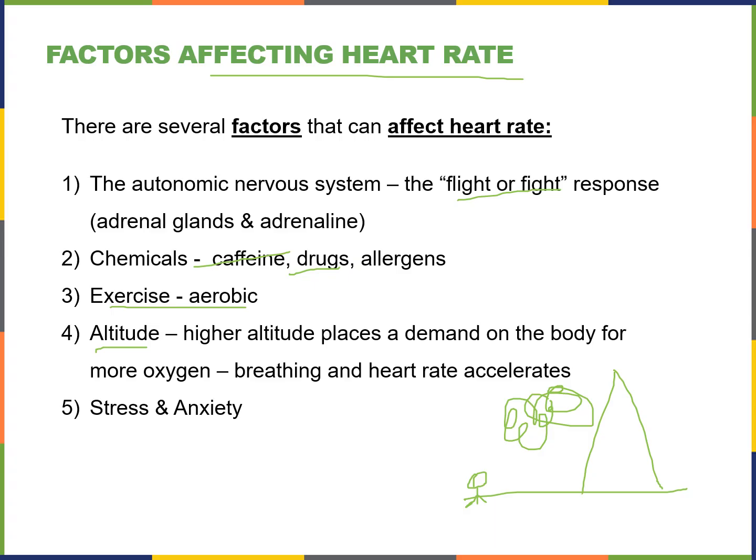But the other thing, to help with getting more oxygen around the body, because there's less oxygen coming in, is for heart rate to increase. So they may have a slightly higher heart rate. And of course, anxiety will affect heart rate, and so does the hormone involved in stress responses.